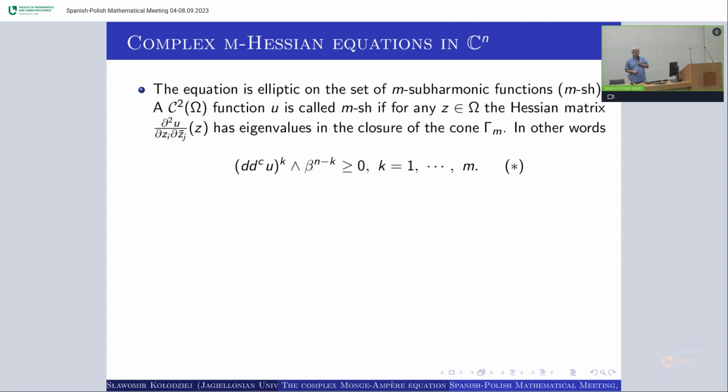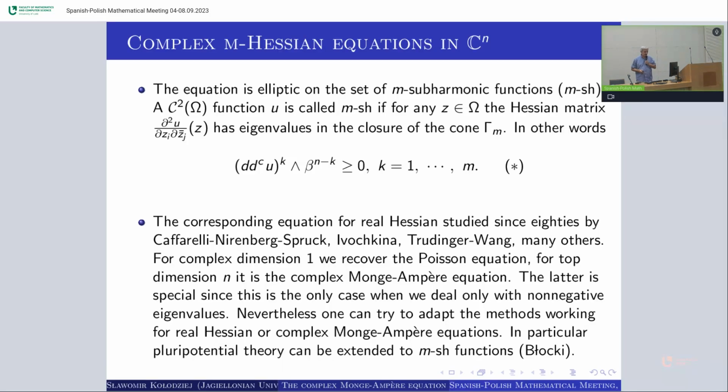Some background: the real Hessian equations were studied earlier, at least since the 80s. First important papers by Caffarelli, Nirenberg, and Spruck. They proved that the Dirichlet problem for this equation is solvable for smooth and positive data.